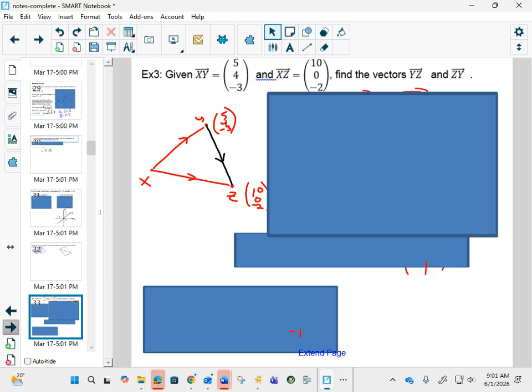So just randomly pick a point y and say, I know I can go from x to y. And I know that I can go from x to z.